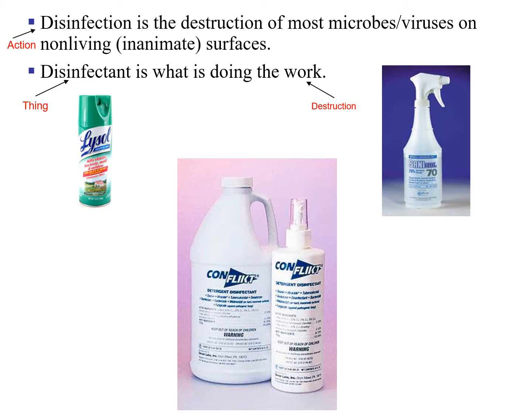So in lab, you're going to use Conflict every day. Conflict is a disinfectant. It is a chemical that has some type of entity, some type of compound that will destroy microorganisms. And that compound is usually at a higher concentration than something such as an antiseptic.